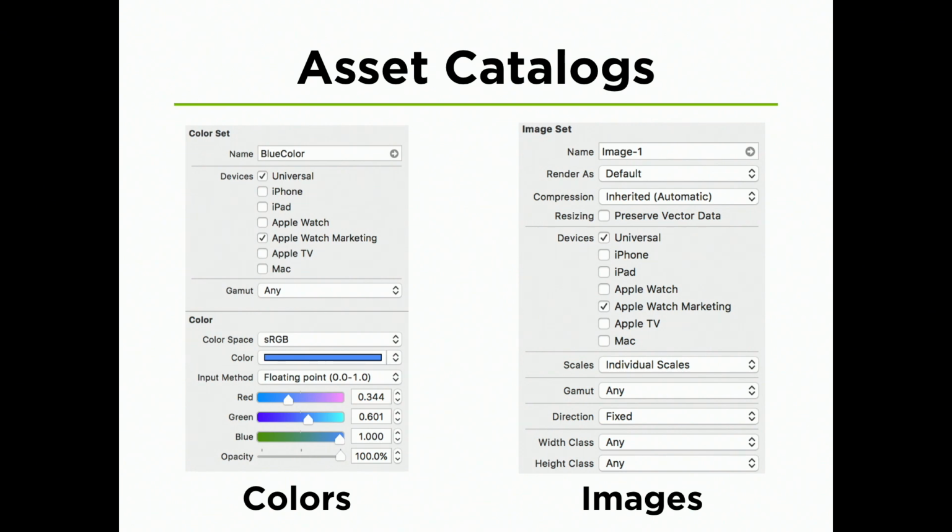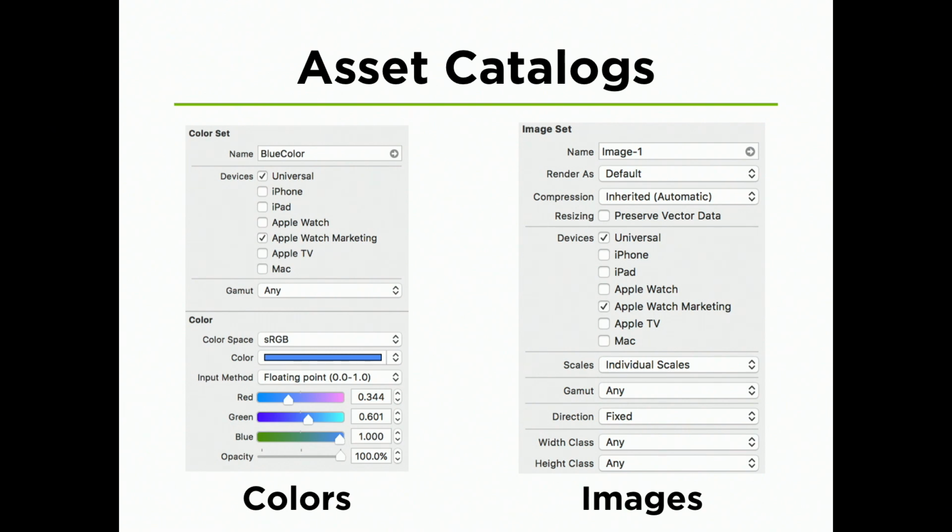One is with asset catalogs and how Xcode supports size classes and trait collections in asset catalogs. In images, if you see down there at the bottom, there's width class and height class, and so you can set different images depending on those size class variants, and you can also do gamuts and all kinds of other things.